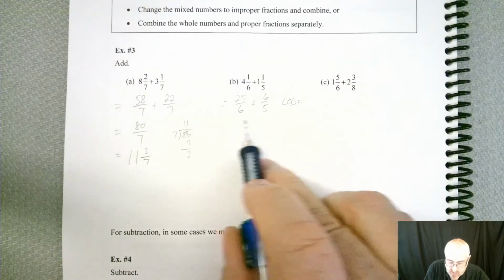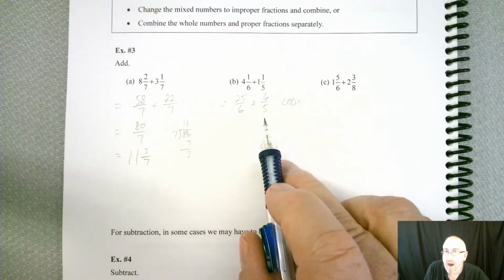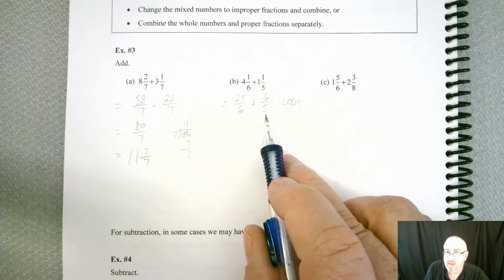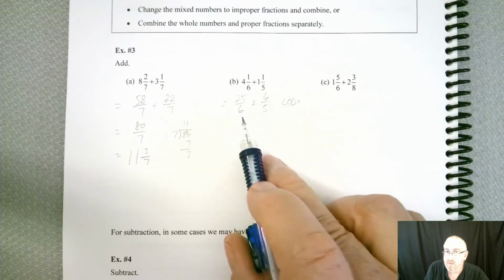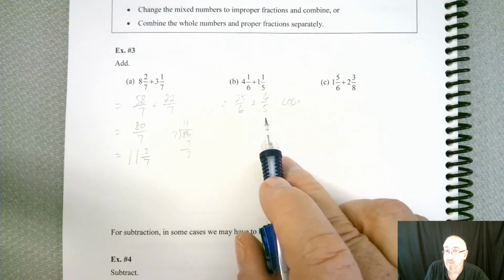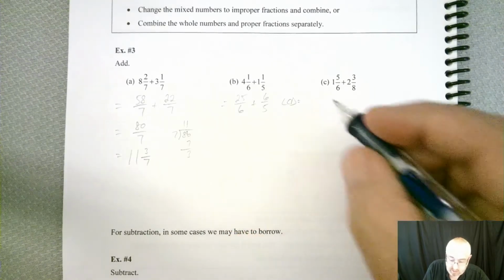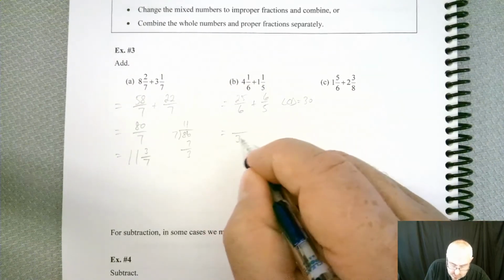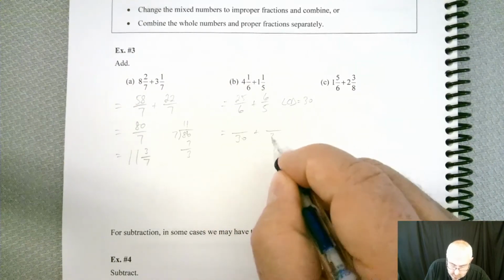So what's the LCD between 6 and 5? So remember, if 5 doesn't go into 6 evenly, we got to take multiples of 6 until we get something that 5 works with. It turns out it's going to be 30. So 30 is going to be our LCD.